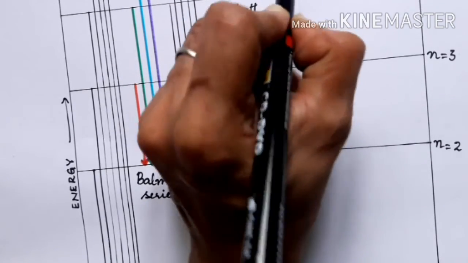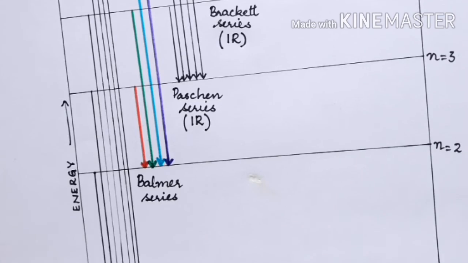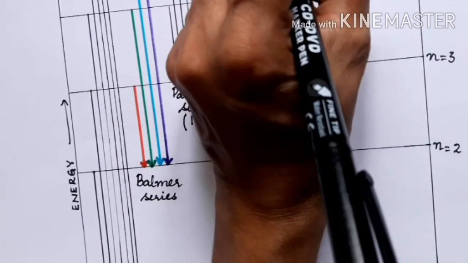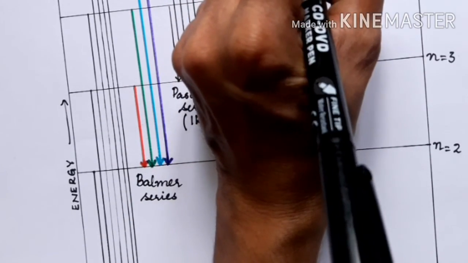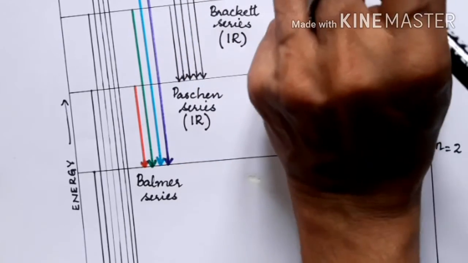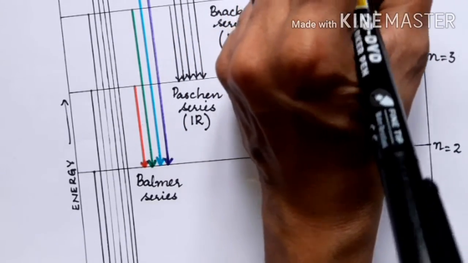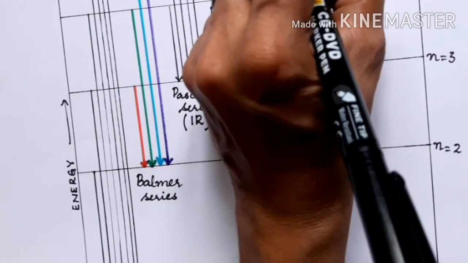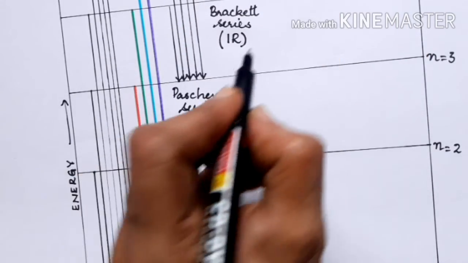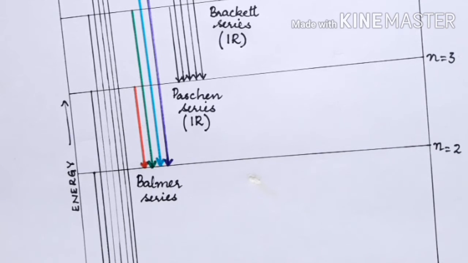So that is also not visible to the human eye. And the last series is known as Humphreys series, which belongs to the IR.